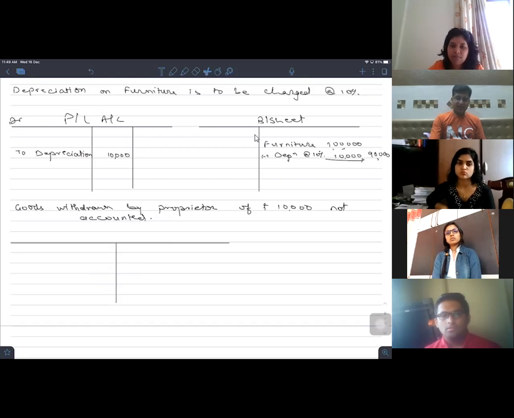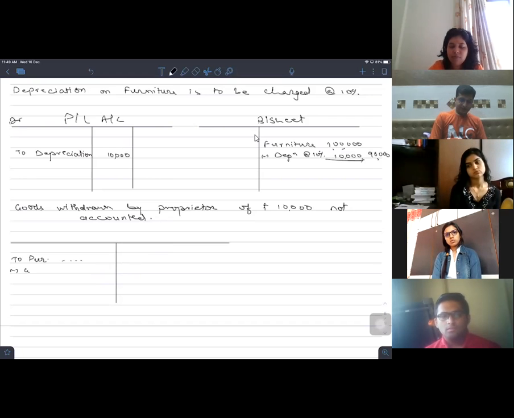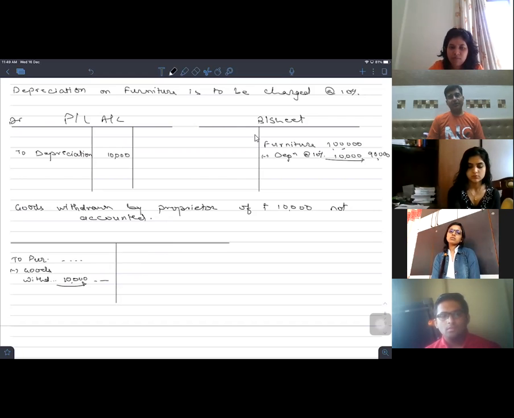Again, in trading account we'll have two options. Option 1, to purchase, whatever is the amount, subtract goods withdrawn with rupees 10,000, because goods of 10,000 were withdrawn, and the balancing figure will be appearing in the trading account debit side. This is our option 1.